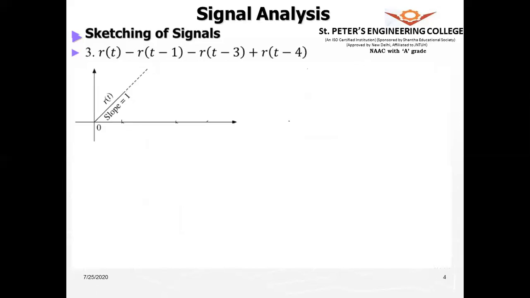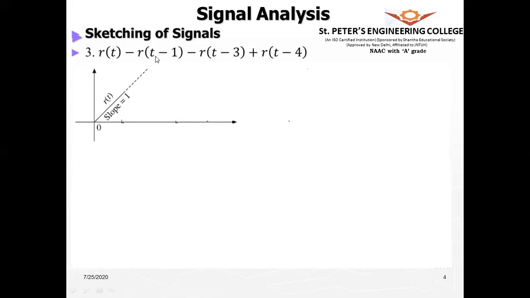Now let us look into the sketching of the ramp signal. So we have a ramp r of t which starts with a slope of 1 and it starts at t equals 0. And there is one more ramp signal which starts at t is equal to plus 1. And there is one more ramp. So there are totally 4 ramp signals.